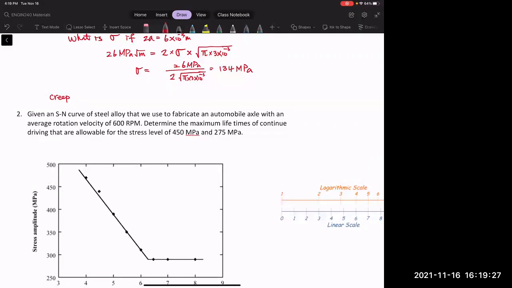This is the creep rate, which is this one here, and this is equal to some K2 sigma n and exponential of a minus QC over RT. Okay, so that's the creep.